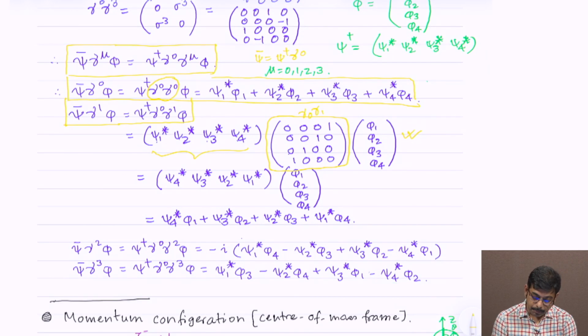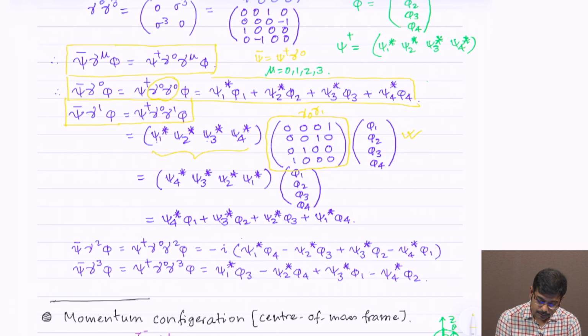Now, if you multiply this with this matrix, it turns out that this just gets reversed: psi 1 star, psi 2 star, psi 3 star, psi 4 star just becomes psi 4 star, psi 3 star, psi 2 star and psi 1 star. This is a simple matrix multiplication.